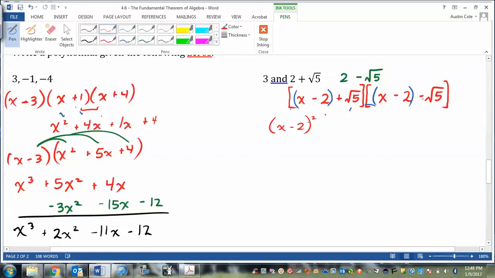X times x is x squared, so x minus 2 times x minus 2 is just x minus 2 squared. Now, I'm going to take x minus 2, when I FOIL, times the outside, so x minus 2 times negative square root of 5. So that's going to be minus x minus 2 times the square root of 5.